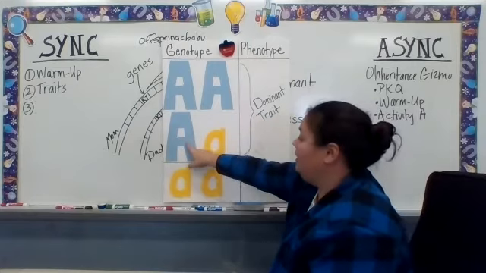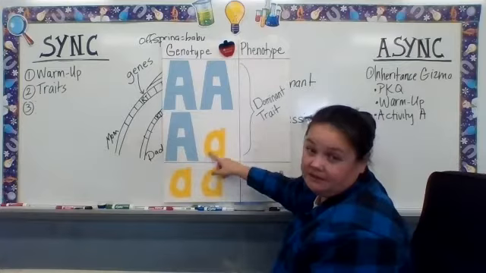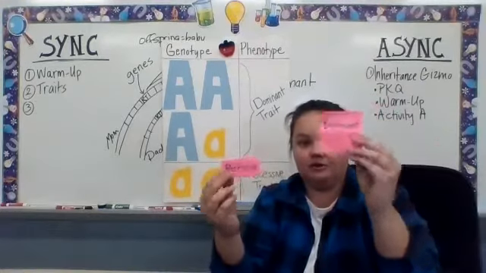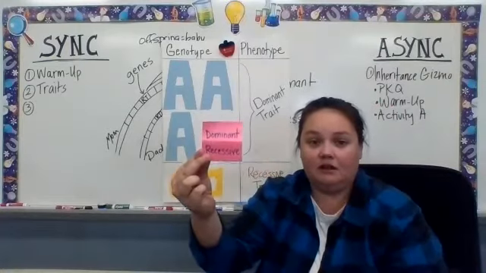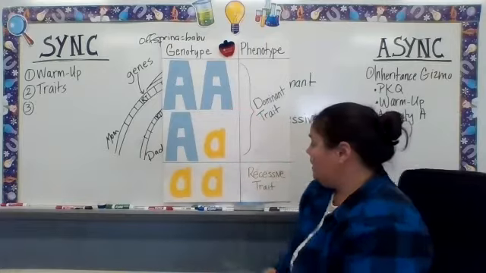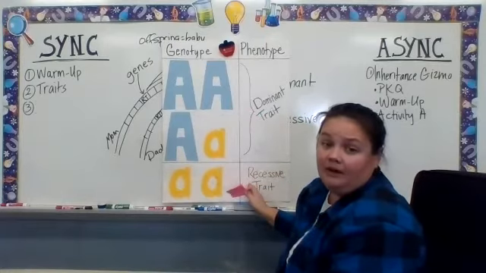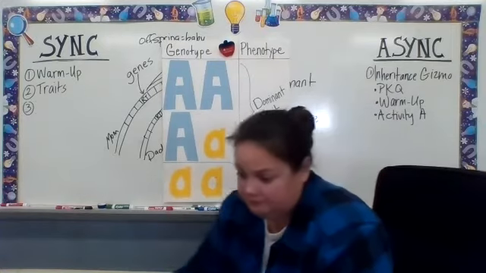If only one parent gives you a dominant allele and the other gives you the recessive, you still show that dominant trait. Just think of it like this, our Post-it. What size Post-it do you still see? You still see the square. The only way you get a recessive trait is if both parents give you the recessive allele.